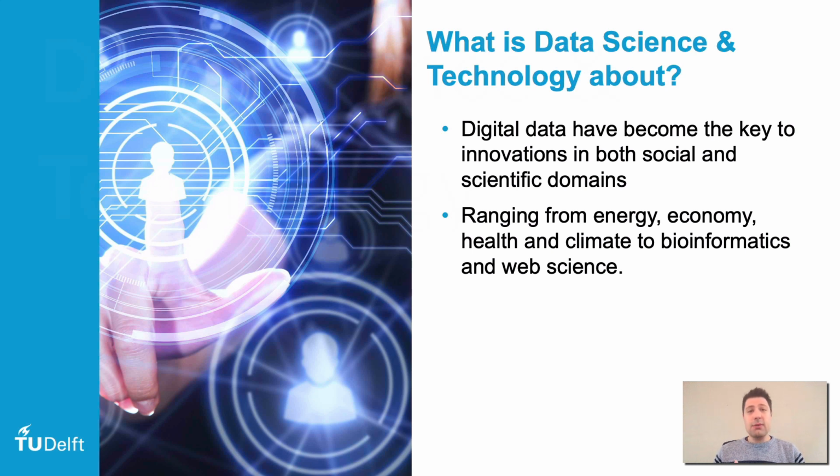And the cool thing is that data can be leveraged for so many different domains like energy, economy, health, climate, bioinformatics, etc. So the goal of this track is to basically teach you how to learn from this data and get insights from this data so that we can improve the way society works.